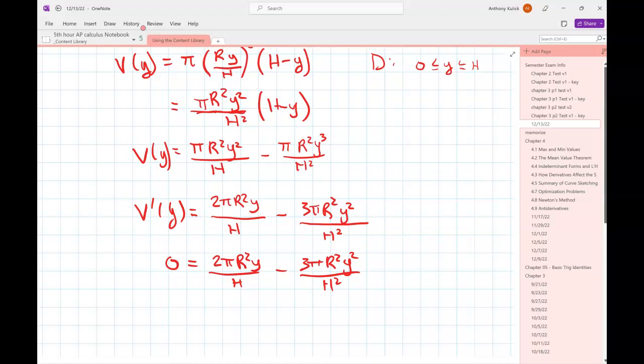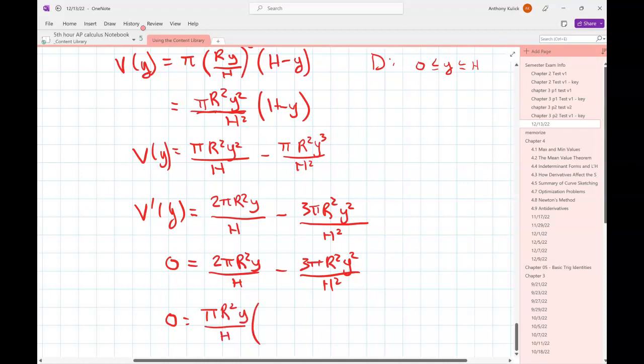It's easy because there's only 2 terms. Both of them contain a y, right? Y is the variable we're solving for. So what can we take out? We can take out a pi, an r squared, a y, and an h. That gives me 2 minus 3y over h.